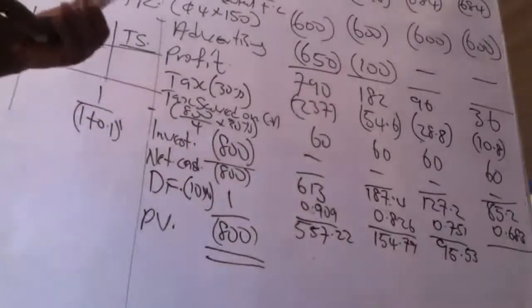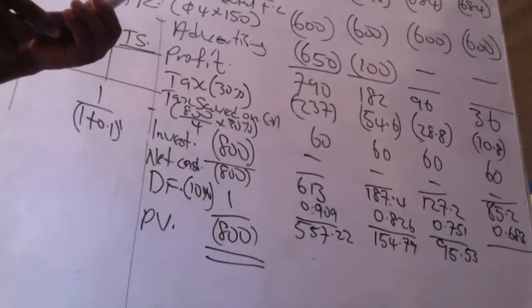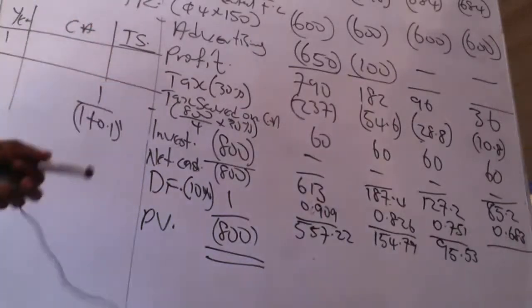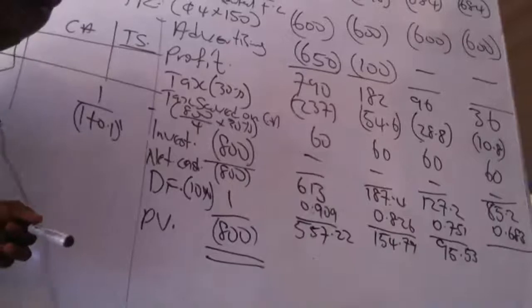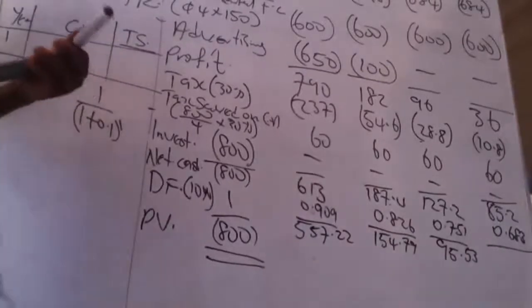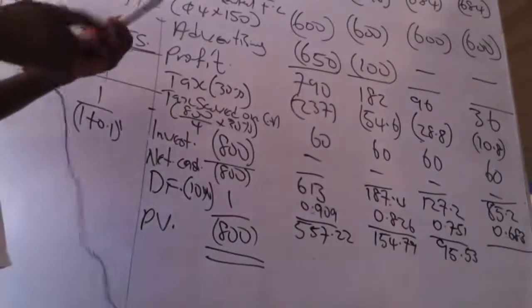Then 85.2 times what? 0.683. Good, I like that. That's 58.19.